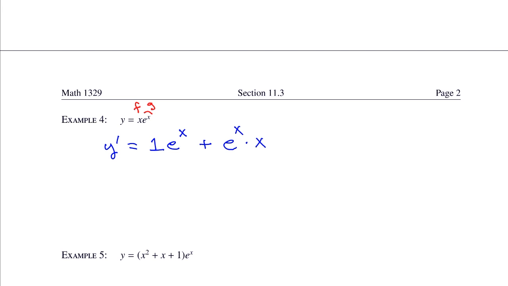Now, for this one, the normal way to simplify this is to factor out the e to the x, and then put the rest of it in descending terms. So we have e to the x, and then we'd have 1 plus x, which we normally write as x plus 1, to make it look like a polynomial.